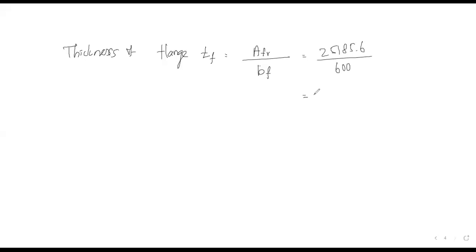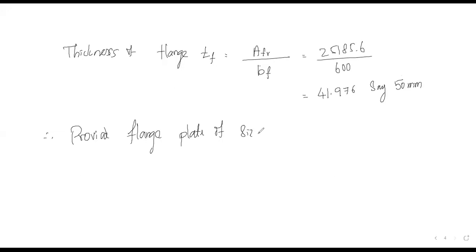If I substitute this, it becomes 41.976, say 50 mm. Therefore, provide flange plate of size 600 mm by 50 mm. This is breadth of flange and this is thickness of flange.